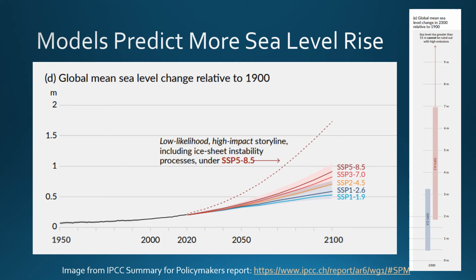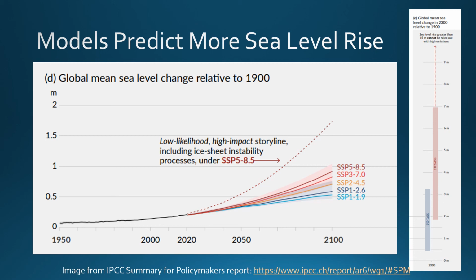So just as a reminder, Arctic sea ice melting does not contribute to sea level rise because that water in the Arctic sea ice is already in the ocean. So it's not adding to sea level rise if it melts. But melting of ice sheets in areas like Antarctica and Greenland, coupled with melting of glaciers in places like Canada and Alaska, will lead to an increase in sea level over the next 100 years and beyond.